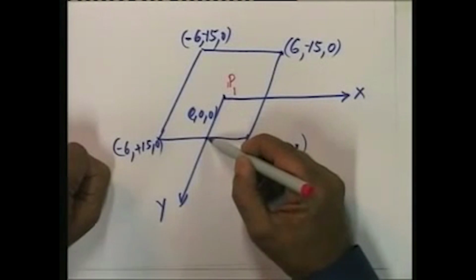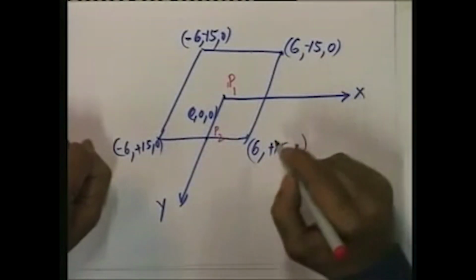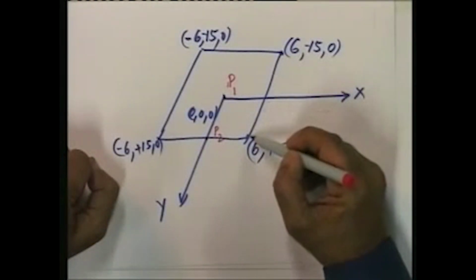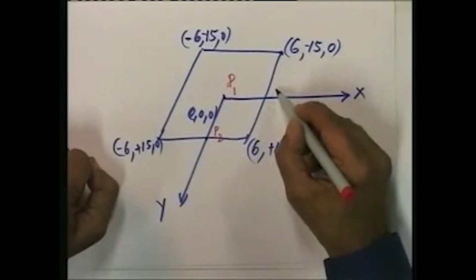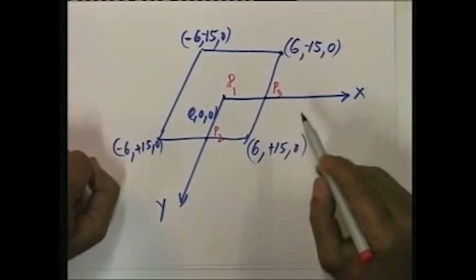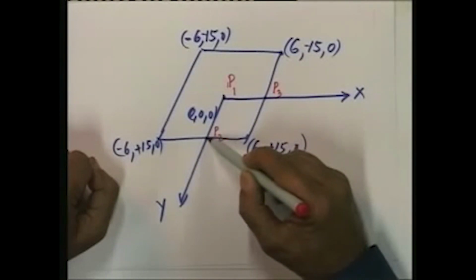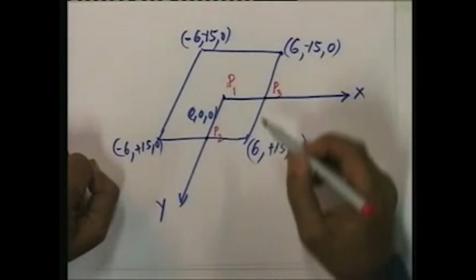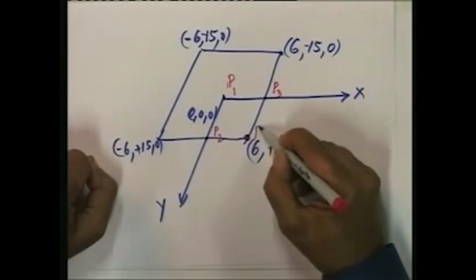P3 will lie at 6, 0, 6, that means the x coordinate is 6, y coordinate is 0, depth is 6, so this midpoint will be P3. So, we have the center, the midpoint of one of the sides, the midpoint of the other side, and then we have 6, 15, 6, that means this corner, this is P4.